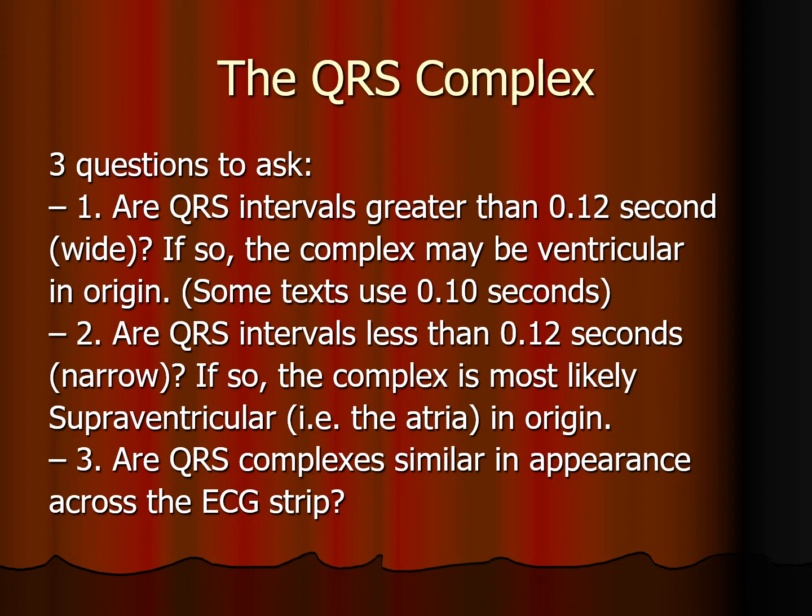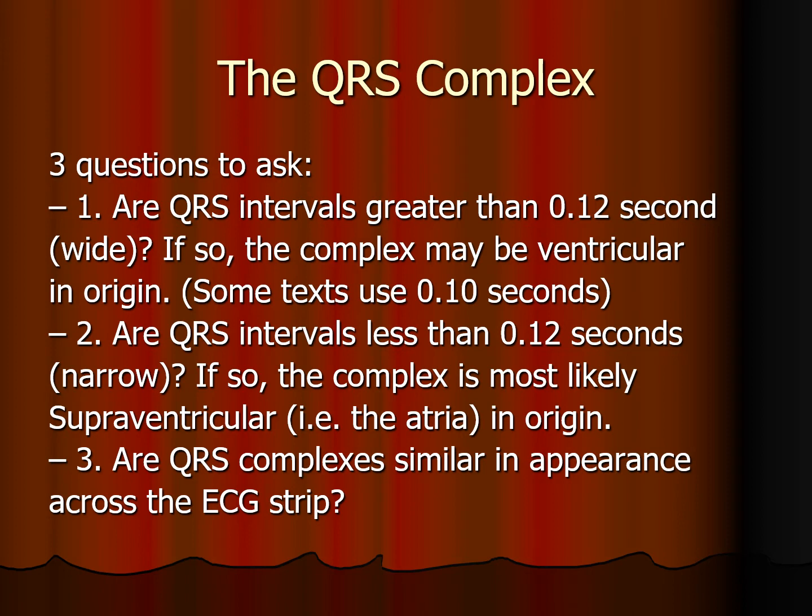Whoa, what the hell does that mean? Okay, so if the electrical impulse started above the ventricles, meaning in the atria, it's some kind of atrial rhythm like sinus rhythm or atrial fibrillation, then the length of the QRS should be 0.12 or less. We should have a skinny one, all right?